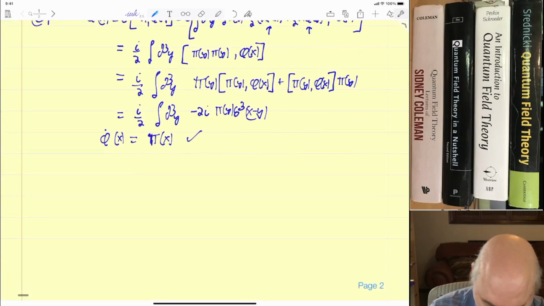Okay, that we knew. The more interesting equation is pi dot of x is equal to i, the commutator of the Hamiltonian with pi of x. This is the other Heisenberg equation of motion.